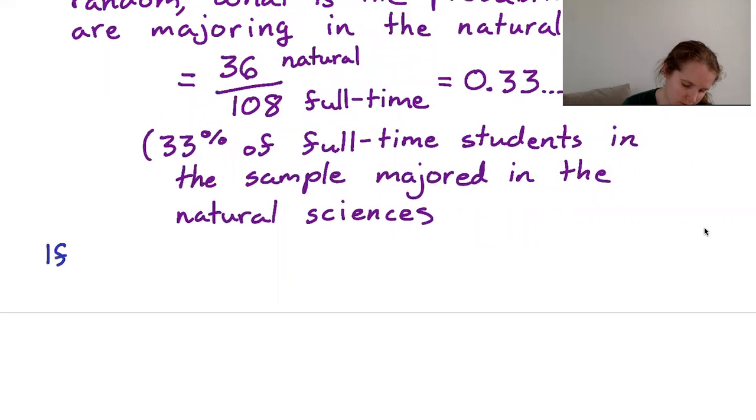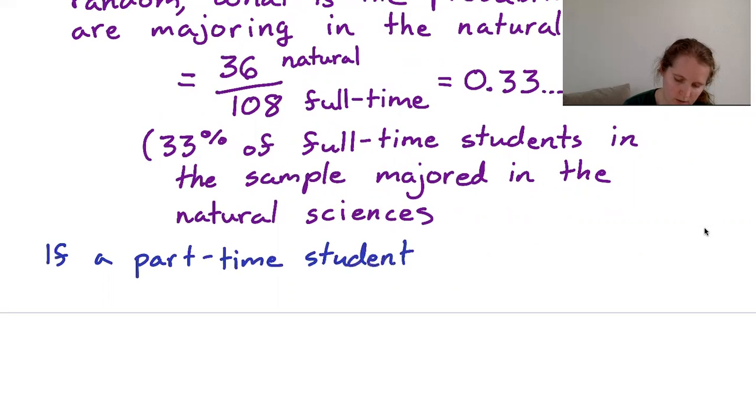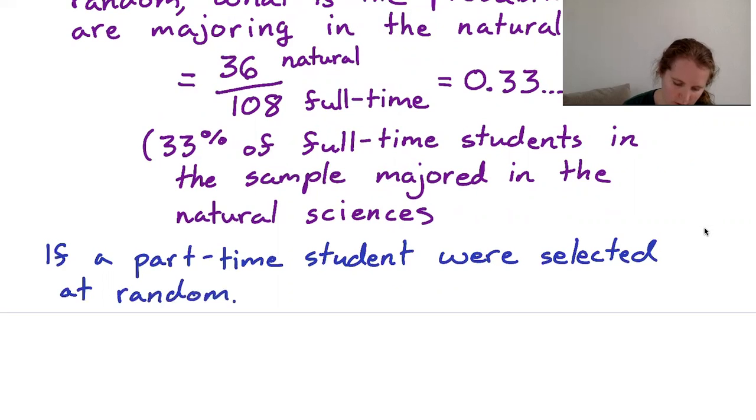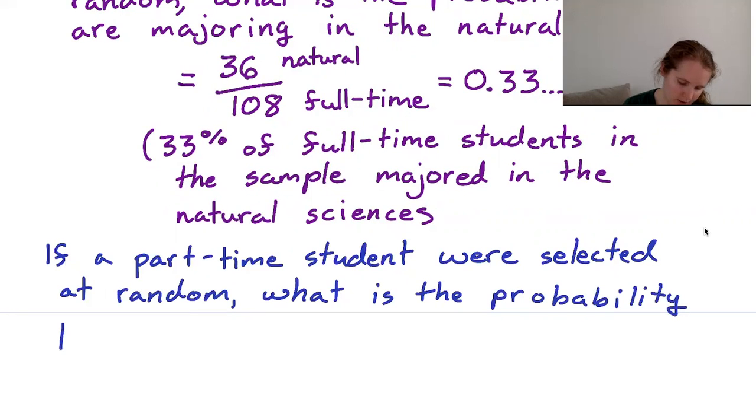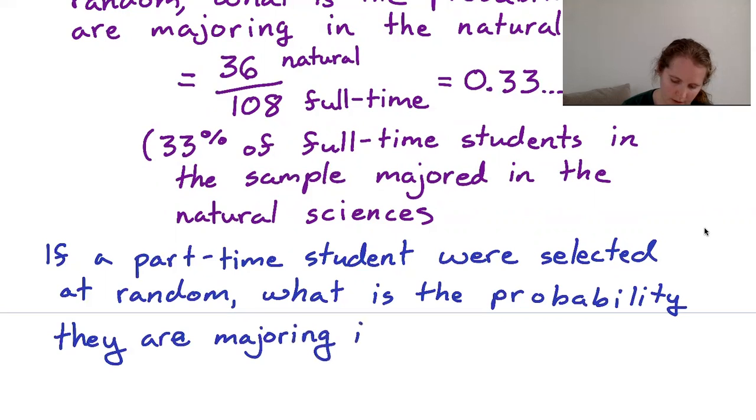If a part-time student were selected at random, what is the probability they're majoring in the natural sciences?